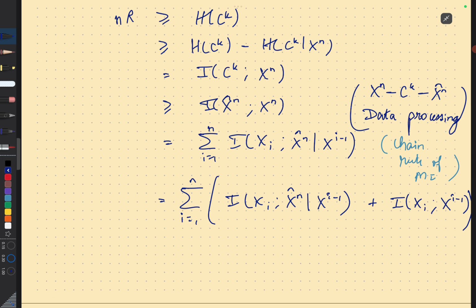How would you justify this particular step? I've done nothing here except add the term mutual information between X_i and X_{i-1}.